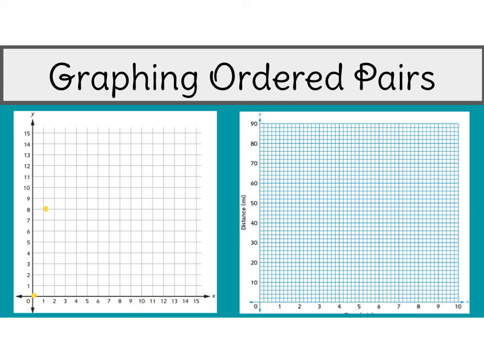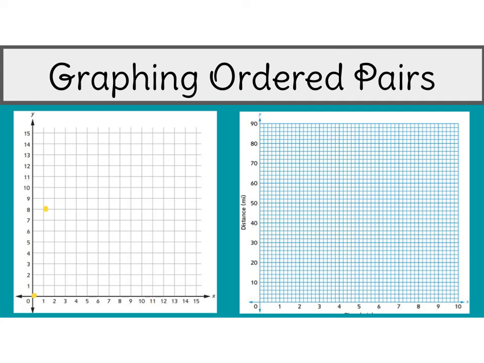And that's how we would plot those particular ordered pairs. Can we plot the next ordered pair at 2 and 16 when we look at that grid on the left? The answer is no, because our numbers don't go high enough on this particular grid.